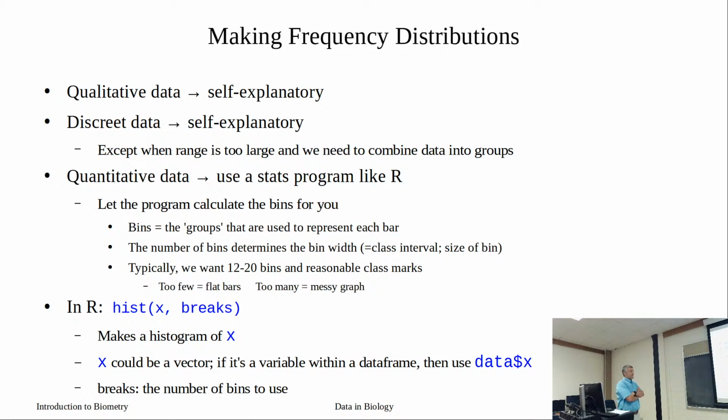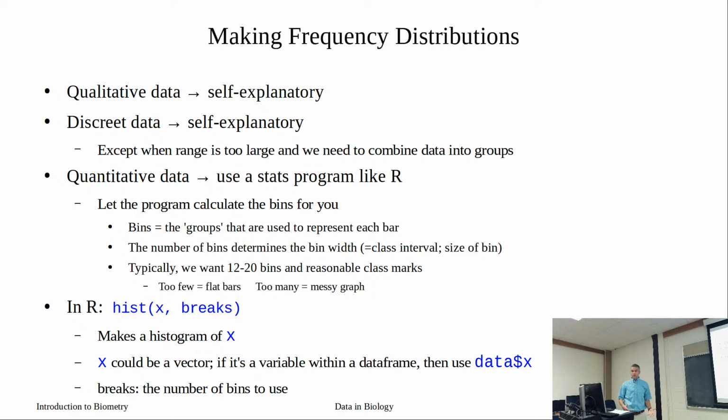If we have quantitative data, now we're talking about continuous data where we have decimal points, and how do you go about doing that? Well, I'm going to say use a stats program, use R. R will do everything for you. If you wanted to do it by hand, this is basically how you do it. You have to figure out first how many groups do you want? How many bars do you want?